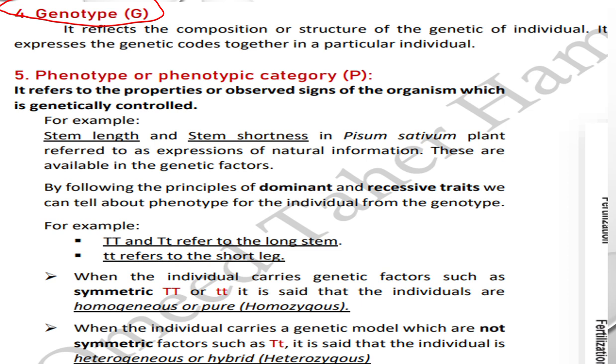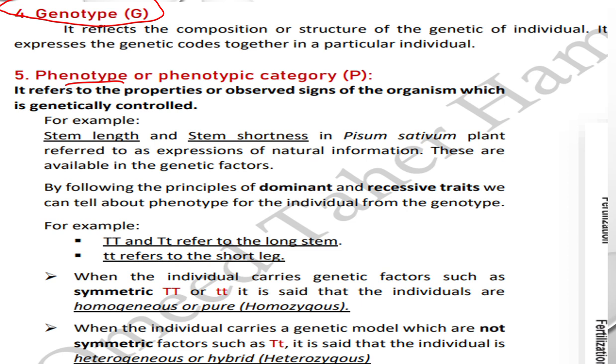So genotype reflects the composition of the genetic structure of an individual, and it expresses the genetic codes together in a particular individual. But when it comes to the phenotype, we call it morphology, the shape. So always memorize that one and put it in your mind: genotype affects and controls phenotype.